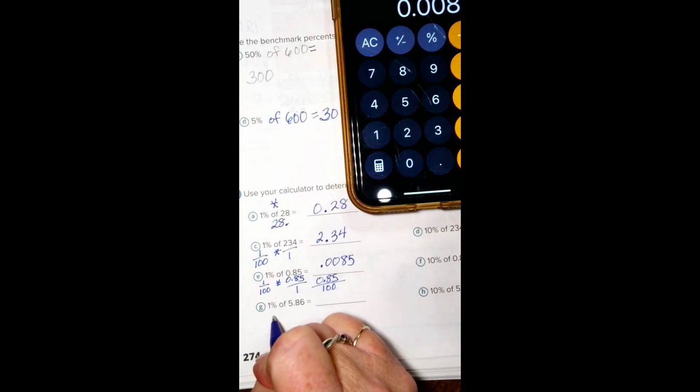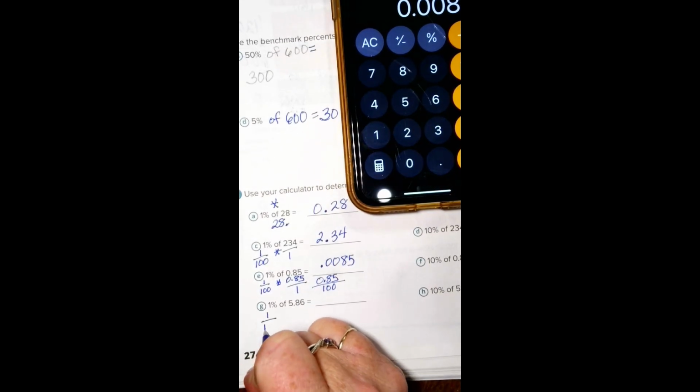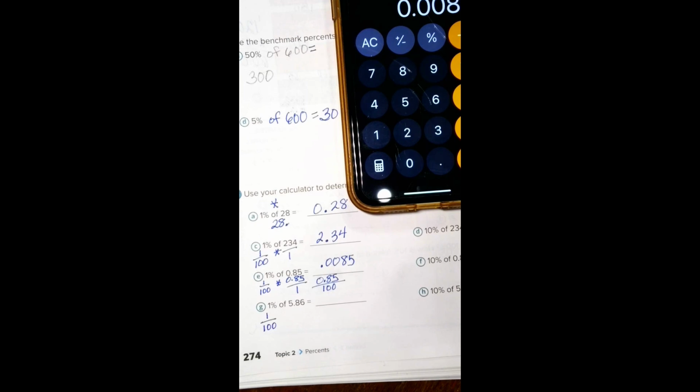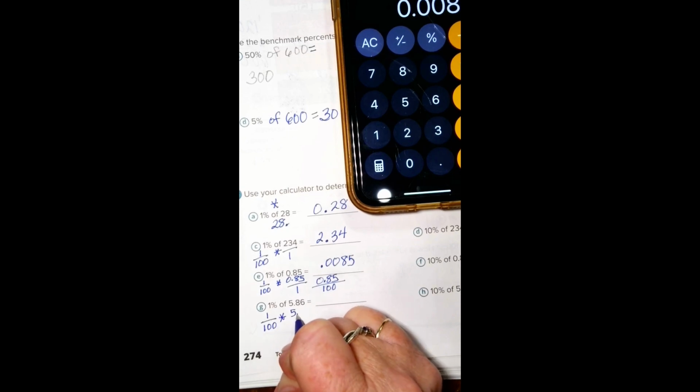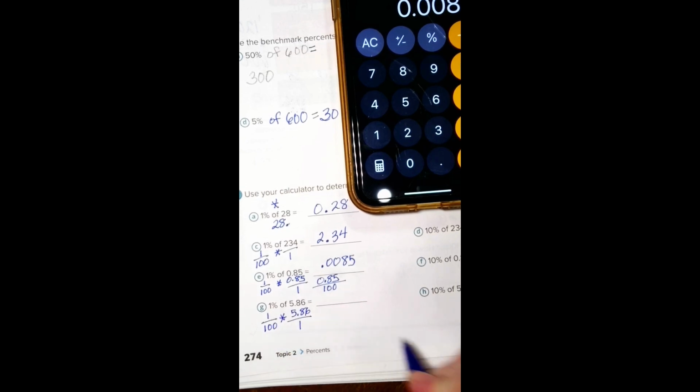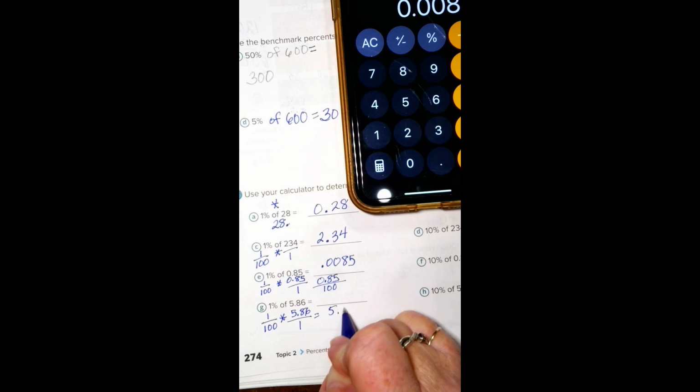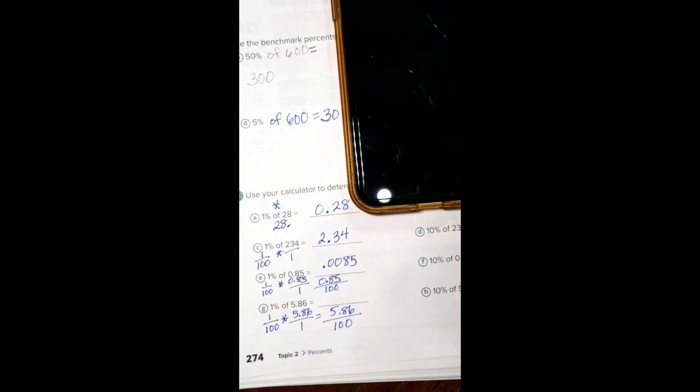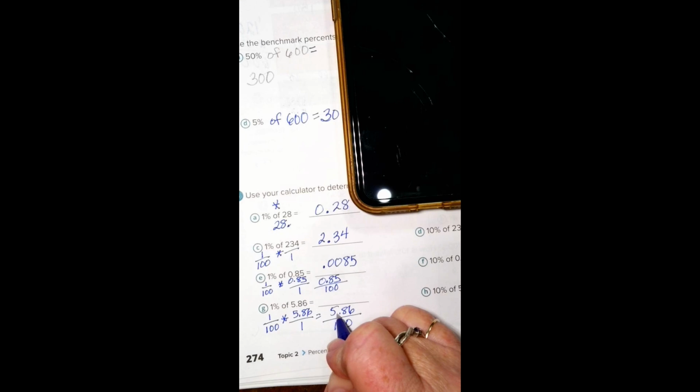Hopefully you're catching on here. 1% is 1 over 100, right? If you get a 1 out of 100 on a test, you get 1%. So 1/100 times 5.86 over 1. We get 5.86 over 100 when we multiply straight across. When we're dividing by 100, we're going to move the decimal 2 places to the left. 1 here, 1 more.